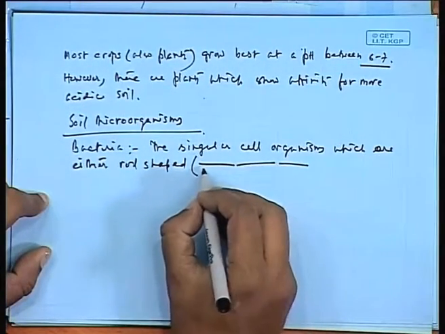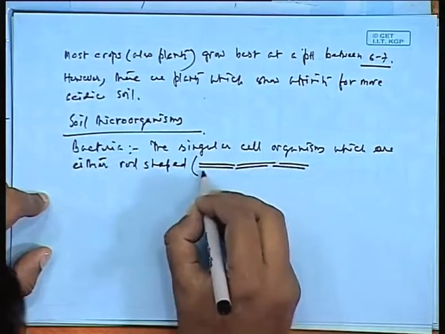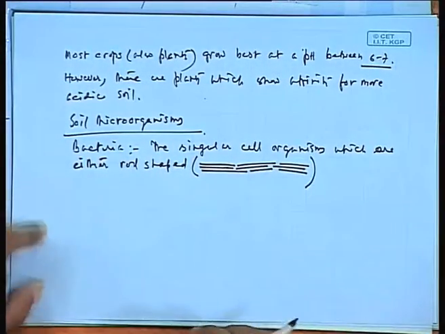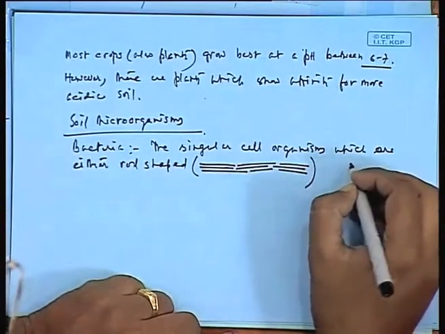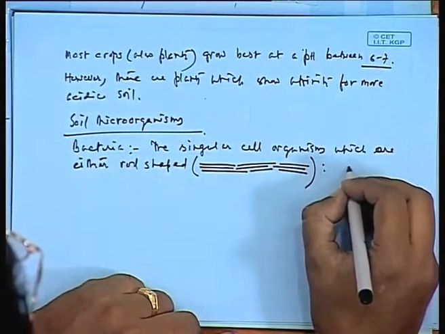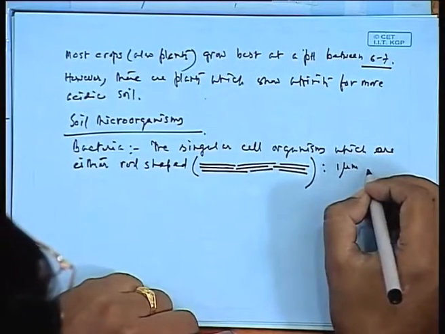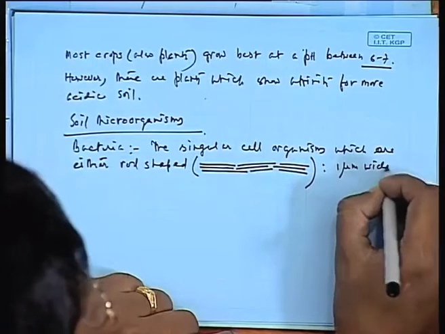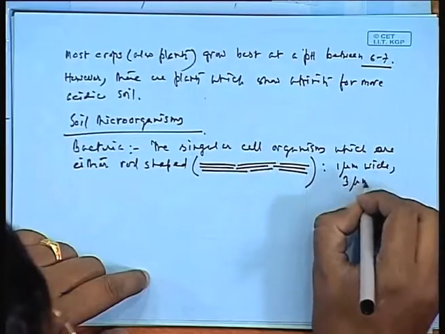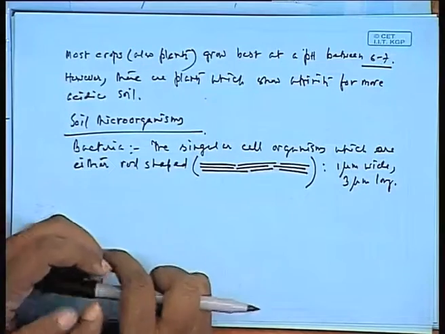This is how these bacteria look. They would stay like this, rod shaped. The width of these rods would be 1 micrometer wide and 3 micrometer long. Okay.